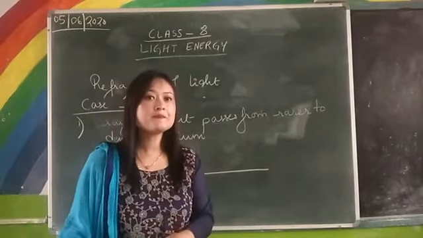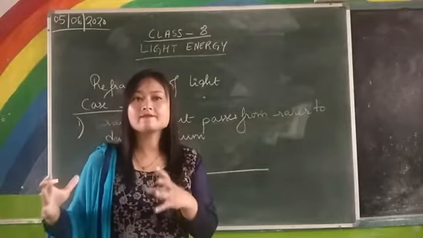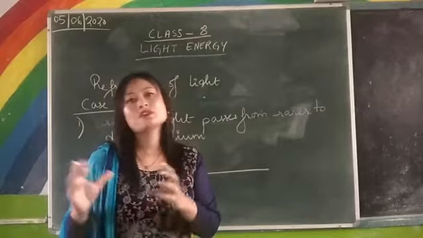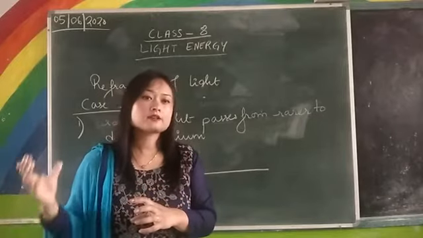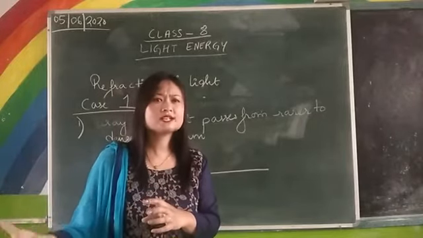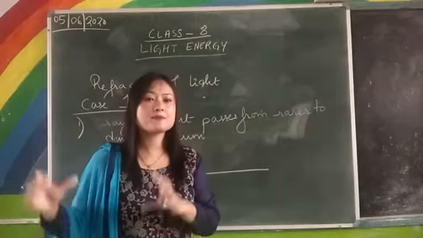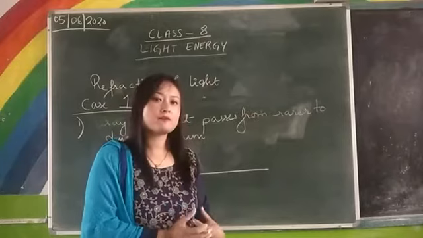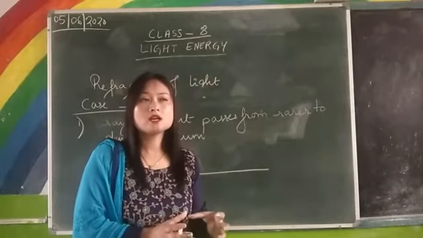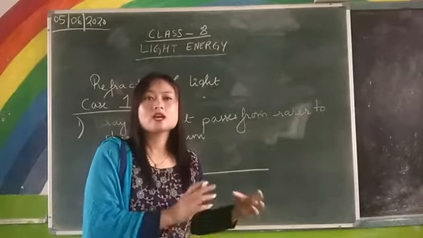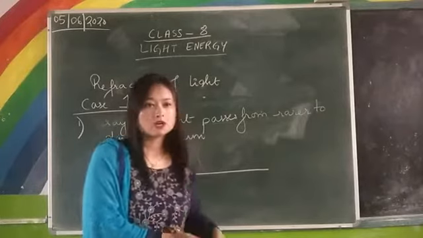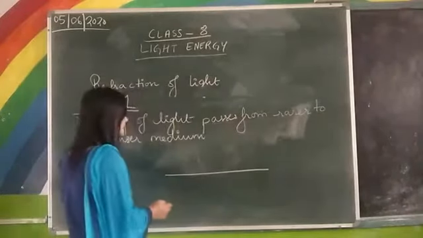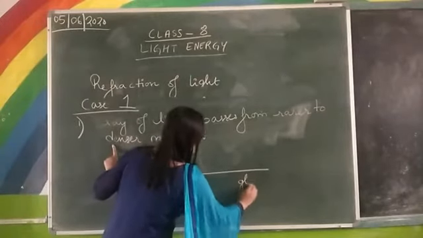Glass is in solid form, which means they have a lot of particles compact together. So we say glass is a denser medium because the particles are closer, whereas in air, the particles are very much far apart. So we say air is a rarer medium and glass is a denser medium.